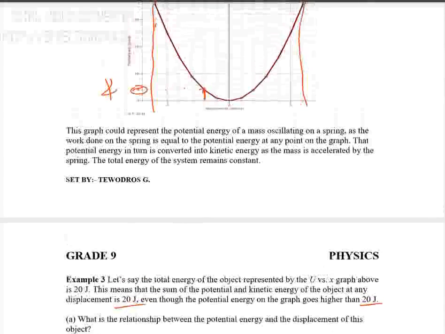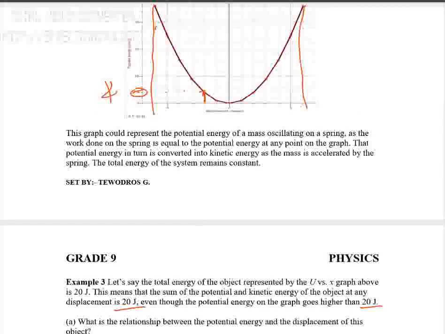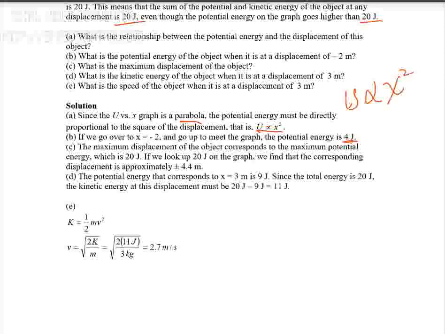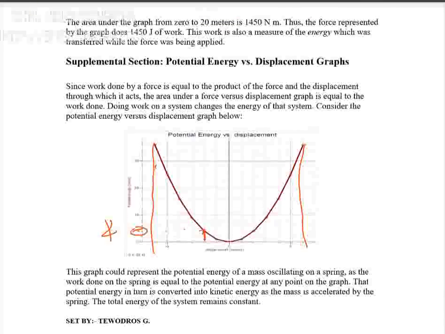And in part C, what is the maximum displacement of the object? The maximum displacement of the object corresponds to the maximum potential energy, and this maximum potential energy is 20 joule. If you look at 20 joule on the graph, you find the corresponding displacement is approximately plus or minus 4.4. Is that the maximum potential energy?